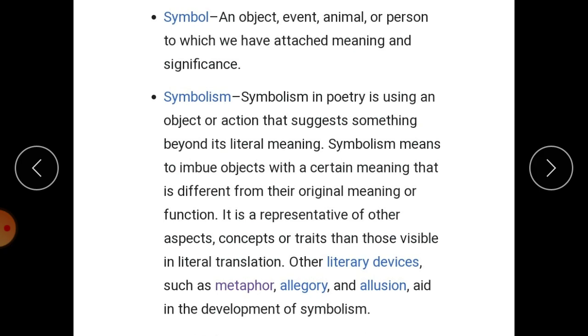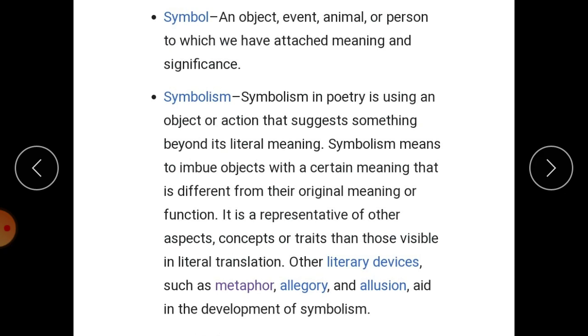Now let's talk about symbol and symbolism. Symbol is an object, event, animal or person to which we have attached meaning and significance. Symbolism in poetry is using an object or action that suggests something beyond its literal meaning.